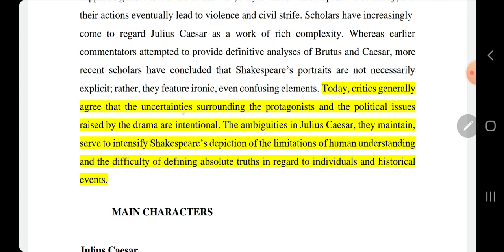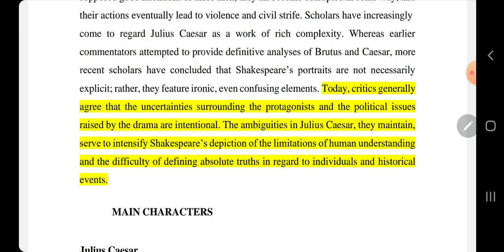So all of these things happening in the play were written intentionally, probably to motivate people to stand against the Elizabethan time, or Queen Elizabeth. So that might be the reason.